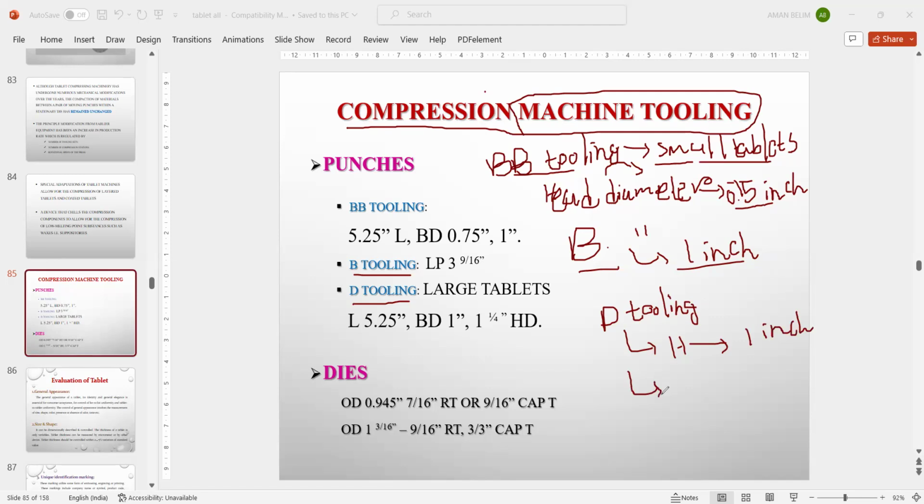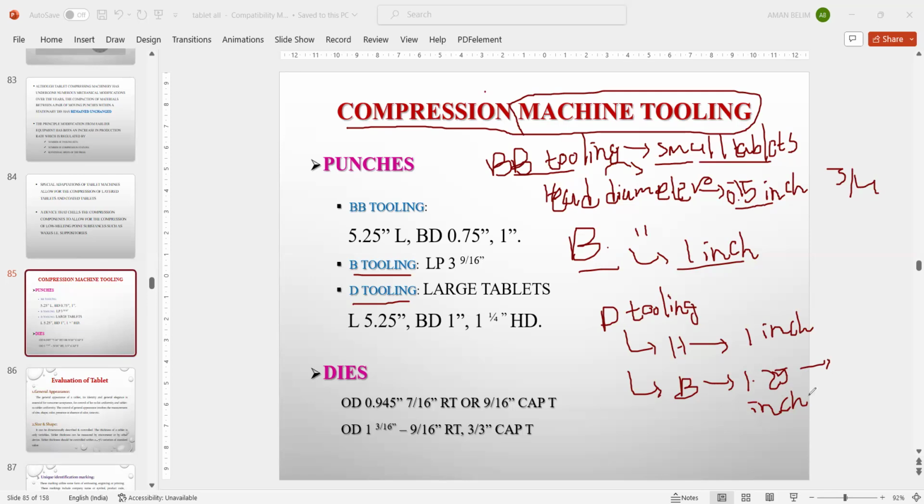and the barrel diameter is 1.25 inch. Okay. In some books, especially in Lachman, they have written it as 3/4. Okay, 3/4. And here they have written it as I think 9 by 16 around, right?